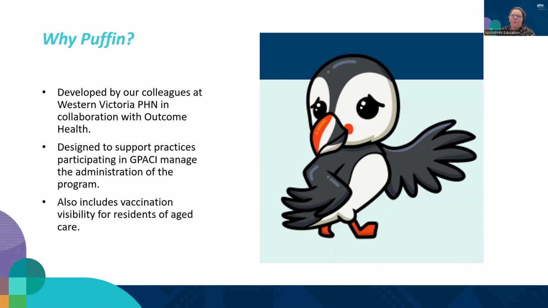So our colleagues over at Western Victoria PHN, who have been using the POLAR data support tool for a long time, actually worked with the makers of POLAR at Outcome Health to say, can we develop something to help our practices manage their GPACI requirements? The people at Outcome Health were very kind and said, absolutely, yes, we can do that. And as an added bonus, they also decided, let's include some information about vaccination as well. So not only can you manage your meeting and your visit requirements, but also keep up to date with their immunisations as well, which is really exciting for us.